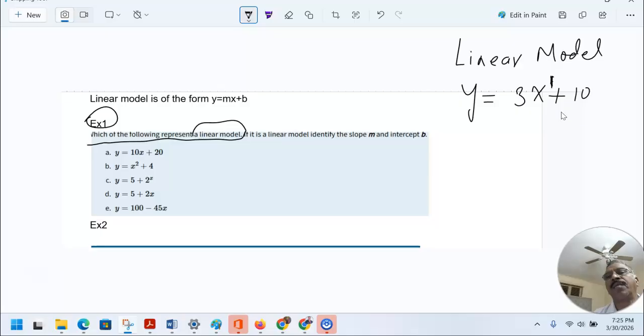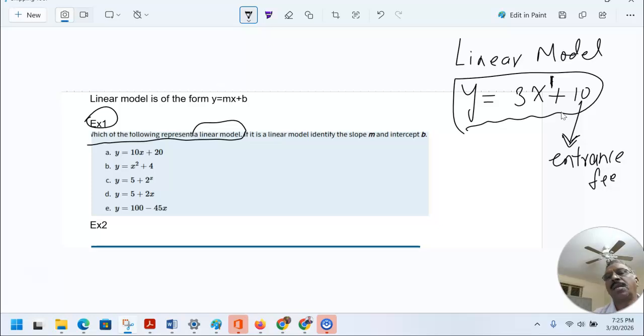Now, this could be going to a fair, and in the beginning you pay an entrance fee. This could be your entrance fee, 10. And then what does this 3 basically mean? For every one ride, there is a rate of change, which is rise over run, for every one ride you're paying $3. And what does this y stand for?